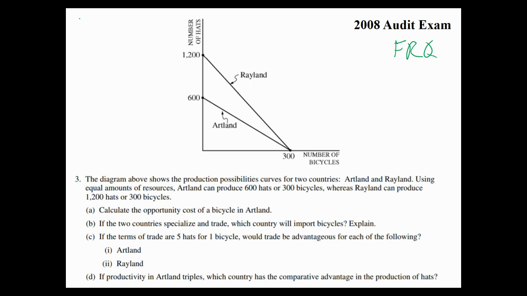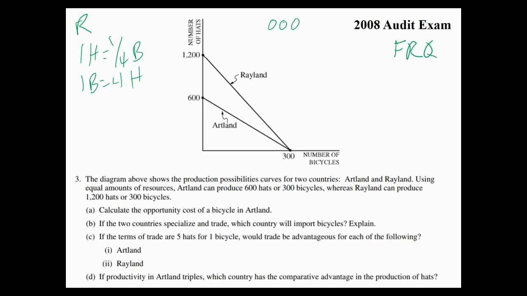So what we'll do is put Rayland up here, and for them to make one hat, this is output data, other over: 300 over 1200 is like 3 over 12, which is 1/4 of a bicycle. Then to make one bicycle is equal to 4 hats.